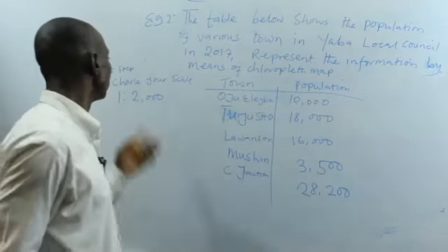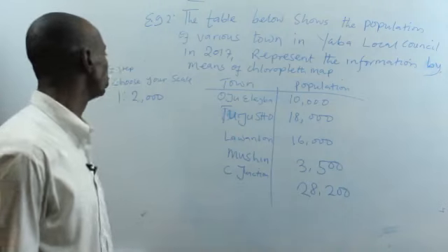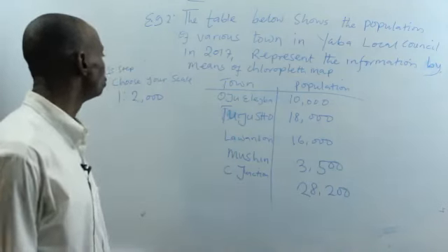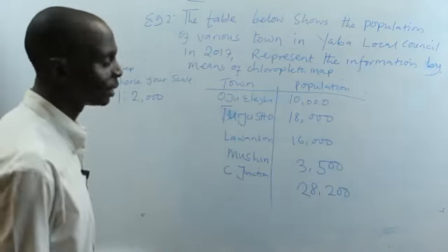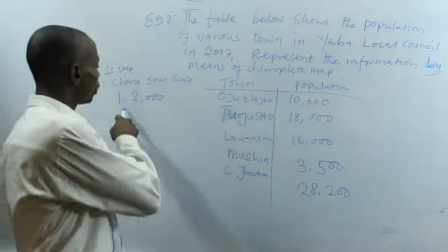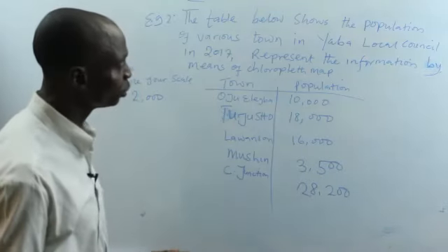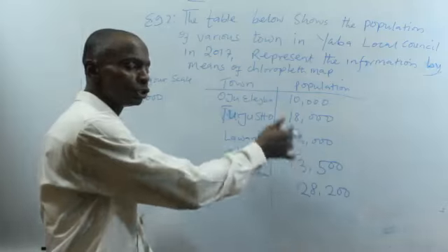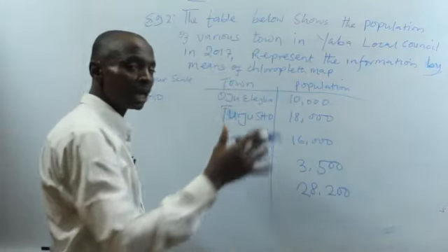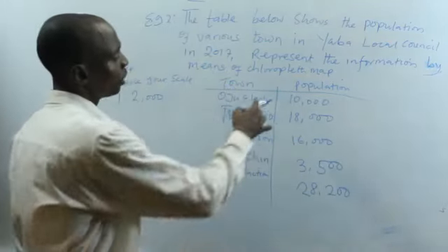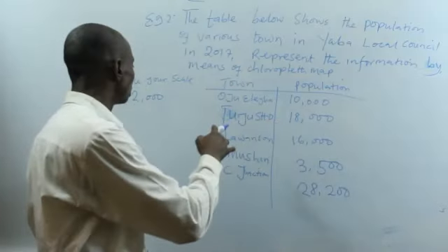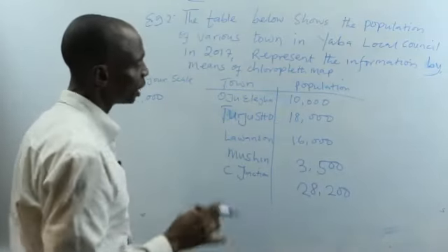Remember, we are dealing with population. So the first thing to do is to choose your scale. The scale here we are using is 1:2,000. That shows that each of these populations, the way we did when we were solving the dot map, you are going to divide by 2,000.